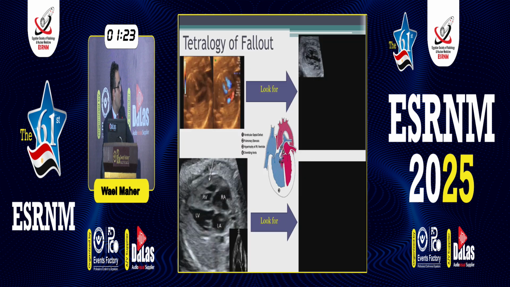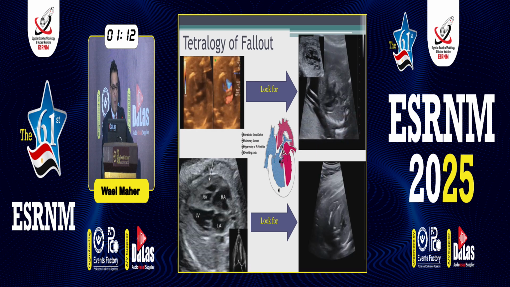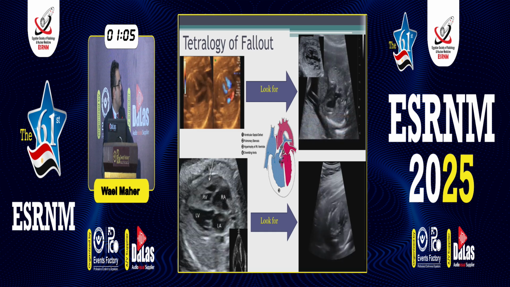So in conclusion, after I've mentioned all this stuff, the tetralogy of Fallot could be diagnosed with ease. If you have VSD, as I've mentioned, you need to look for overriding aorta with the significant Y appearance on the top right.